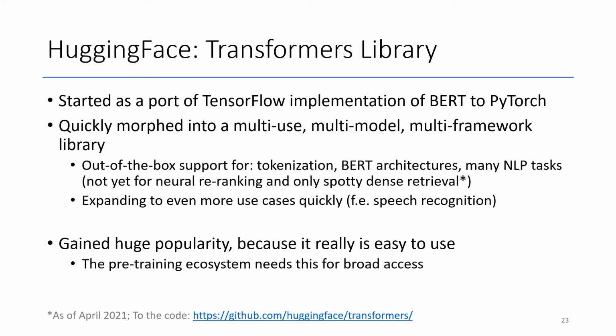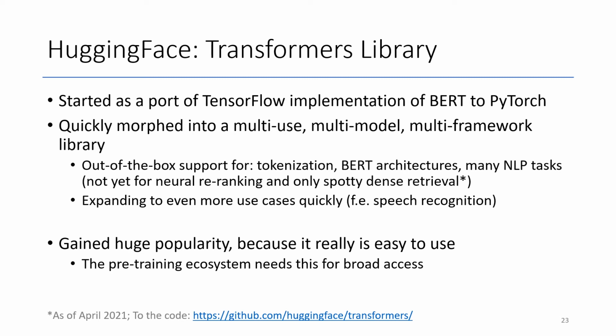However, also note that the support for re-ranking and dense retrieval tasks is not there yet, but it focuses more on general NLP tasks. And it's still expanding quite quickly, for example, into speech recognition models.